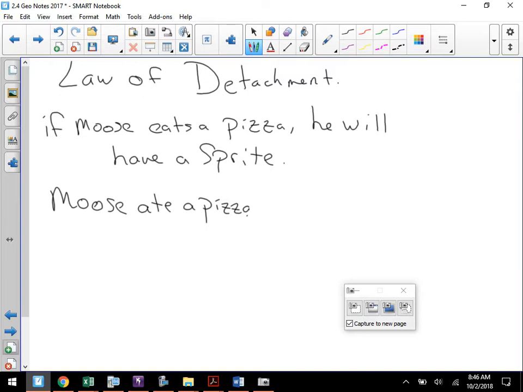The difference between this detachment idea and what's called syllogism, or the transitive property, is so big that it's very easy to decide which one you're using, just because of the way they sound.